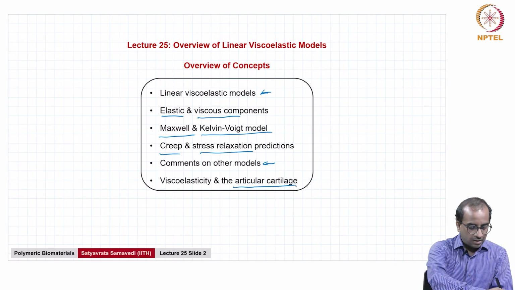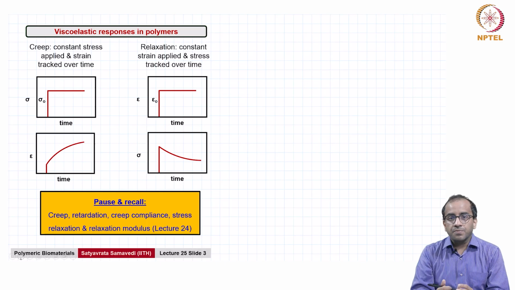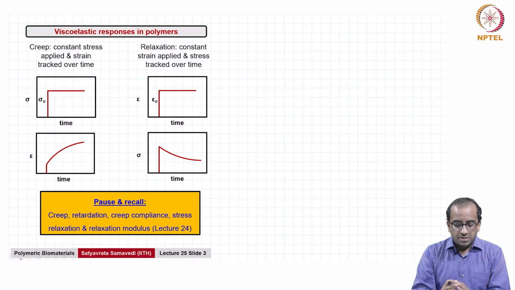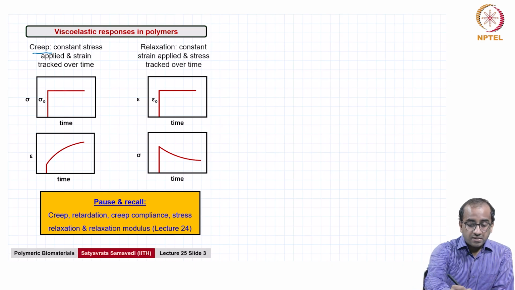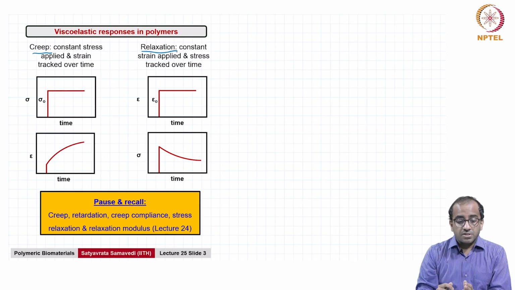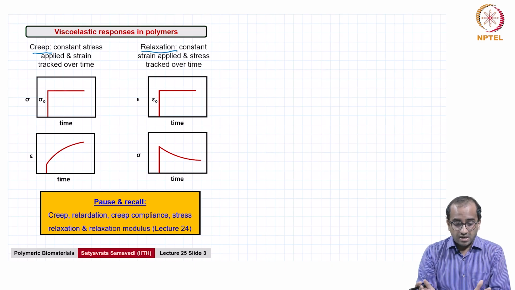So, let's jump right into today's lecture by first recapping the key aspects of viscoelastic responses in polymeric biomaterials, namely two aspects that are of relevance to us today: creep and stress relaxation. Creep is where a constant stress is applied and the strain is tracked over time.